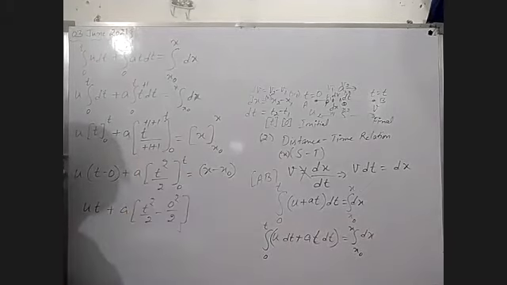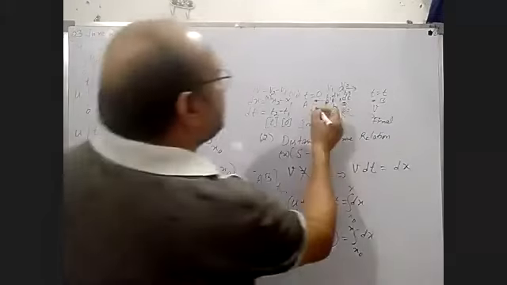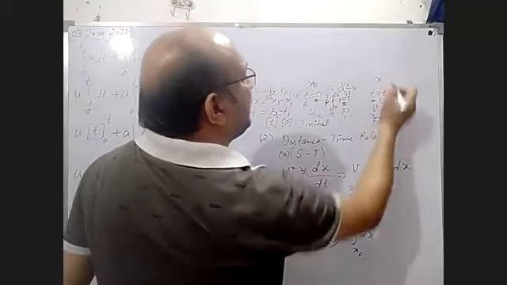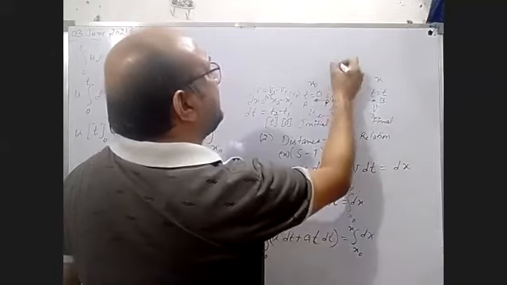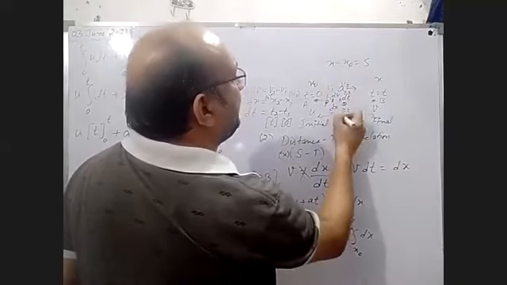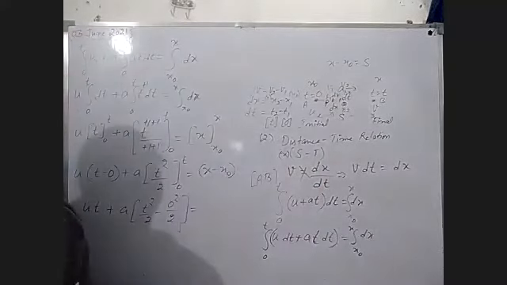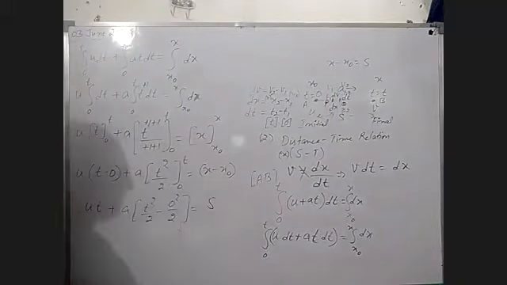Upper limit minus lower limit is equal to x minus x0. X0 is where? At t0. And what is x? This. The difference x minus x0 will give the value of x. You can see in this diagram. Now x minus x0 we can take as s.